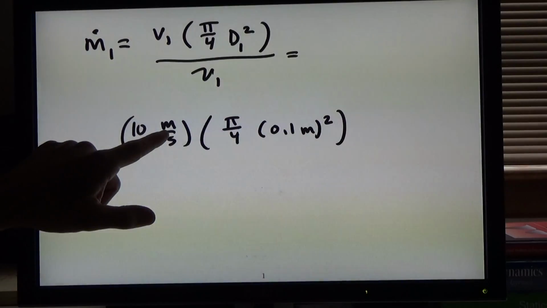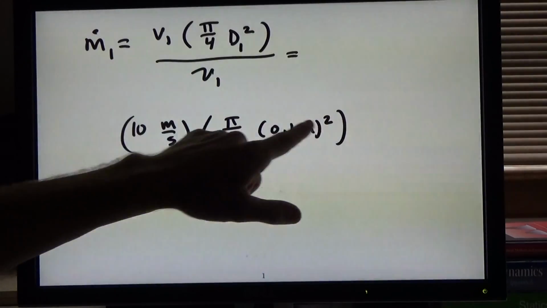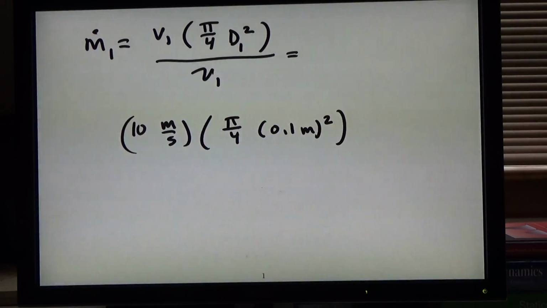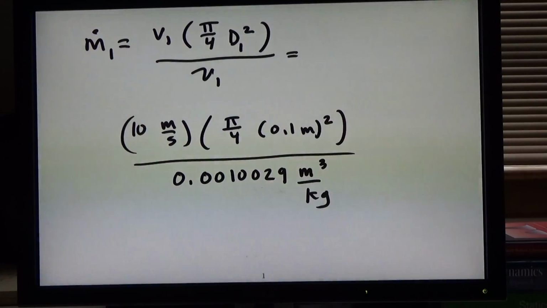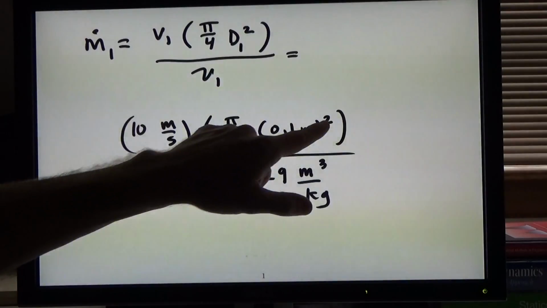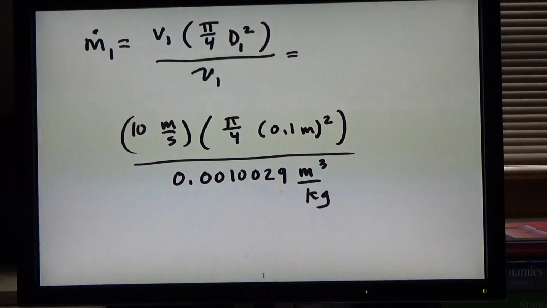So far we have meters times meters squared, that's meters cubed per second. And then we divide that by our specific volume, which was 0.001029 meters cubed per kilogram. So as far as the units go, here we have meters times meters squared, and then that's over meters cubed, so the meters all cancel each other out.